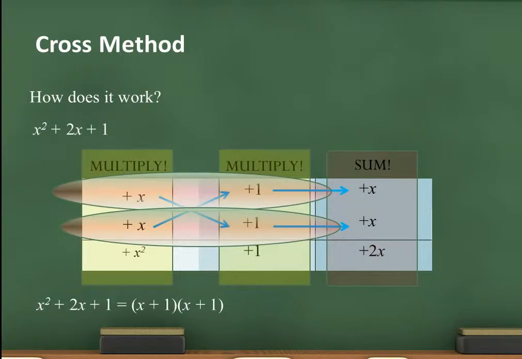When we factorize, x squared plus 2x plus 1 equals x plus 1, because it's positive x plus positive 1, and x plus 1, because it's positive x plus positive 1 here too. As I mentioned, factorization is the reverse of expansion. If you do expansion from the right hand side to the left hand side, you will find that it works. So this is the factorization; we are going from the left hand side to the right hand side here.